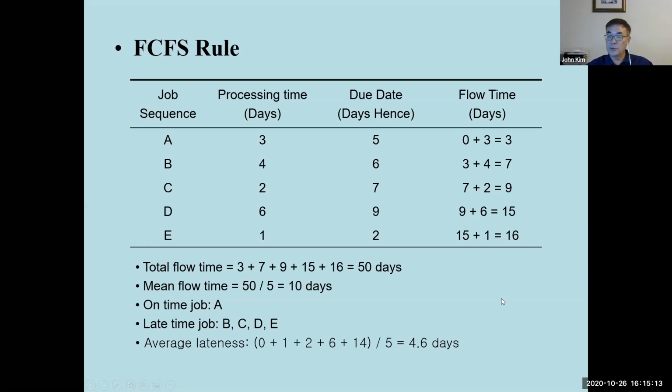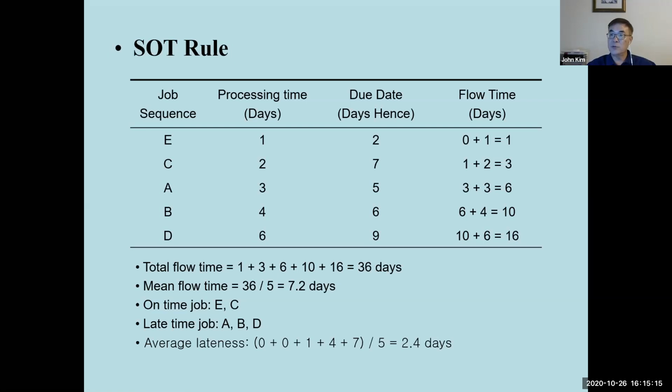And another rule, if we use the SOT rule, shortest operation time rule, then now the job order is job E, processing time is 1, shortest, so take this one first, and then C second, and so on.